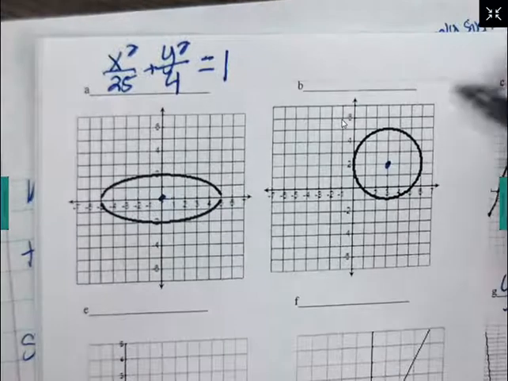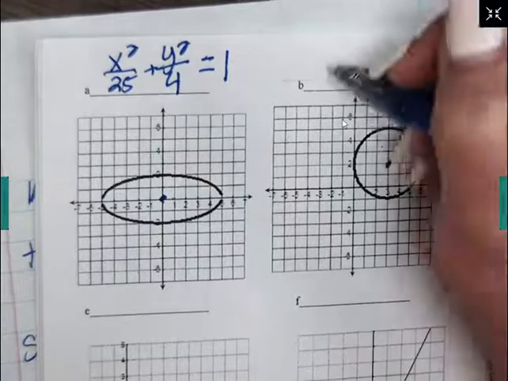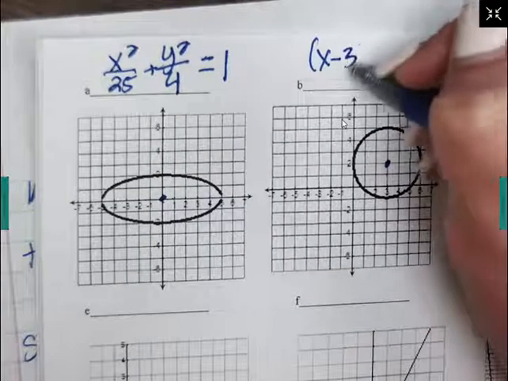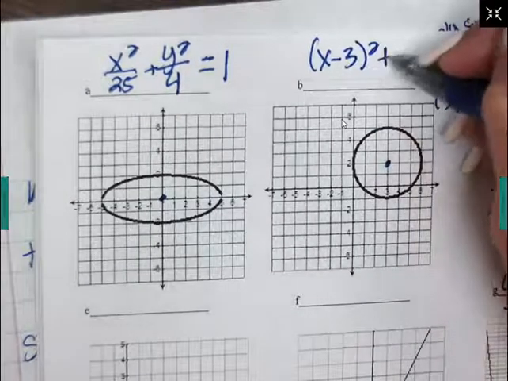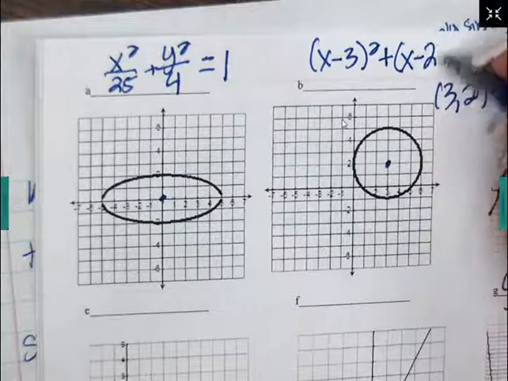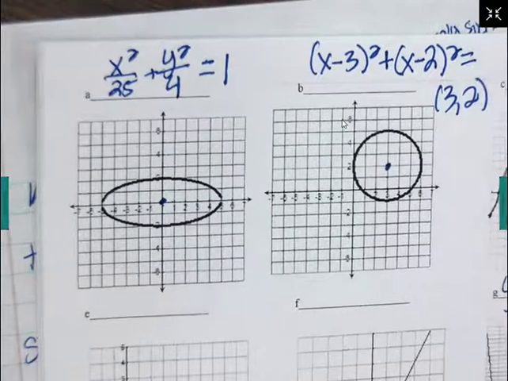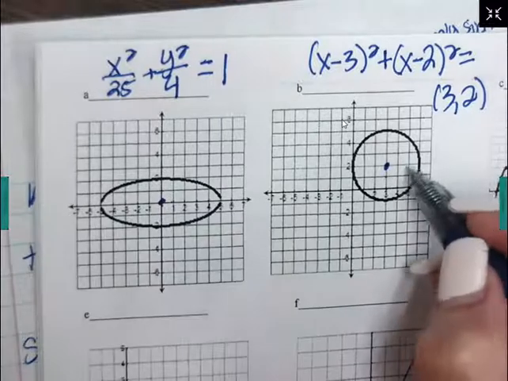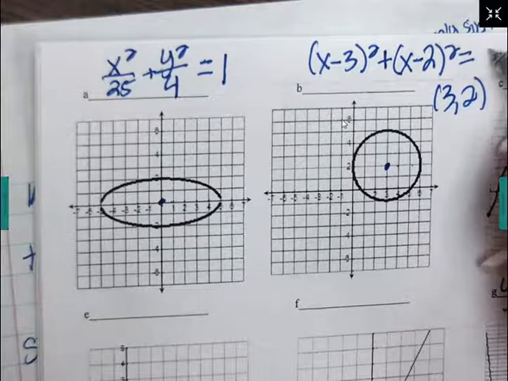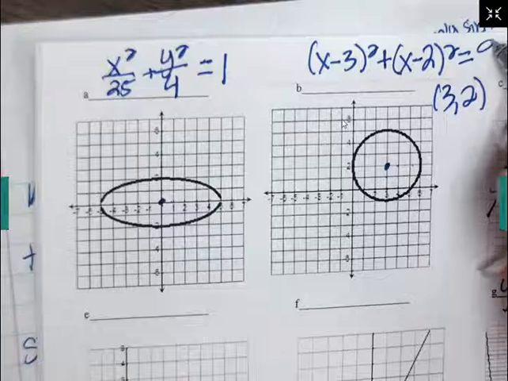Our center is at 3, 2. So then this would be x minus 3 squared plus x minus 2 squared is equal to our radius squared. And what's our radius? 1, 2, 3. So our radius is 3, and when we square that, we get 9.